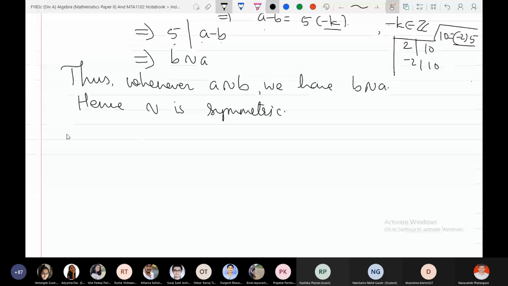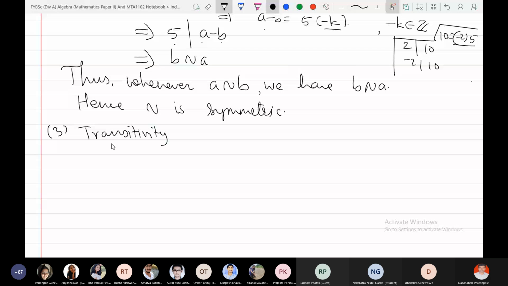Now, transitivity. Is this relation transitive?